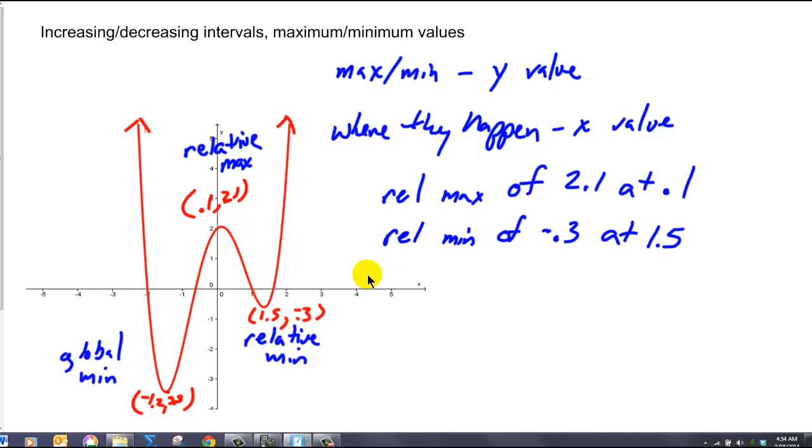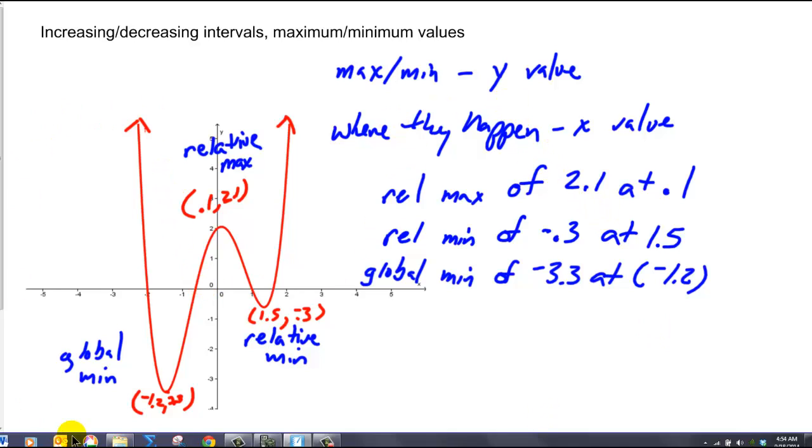And finally, I have a global min of, and once again, I look at the y value, negative 3.3 at negative 1.2. Didn't need the parentheses, just put it there.